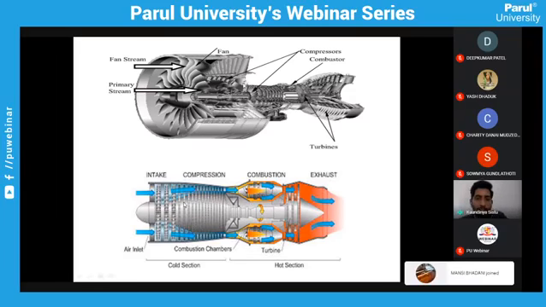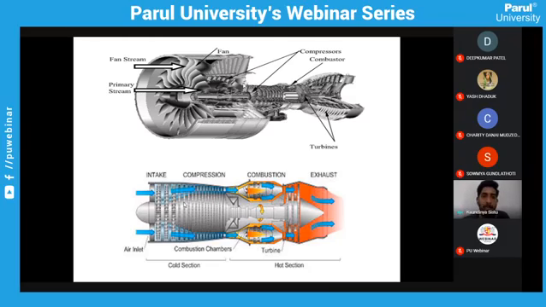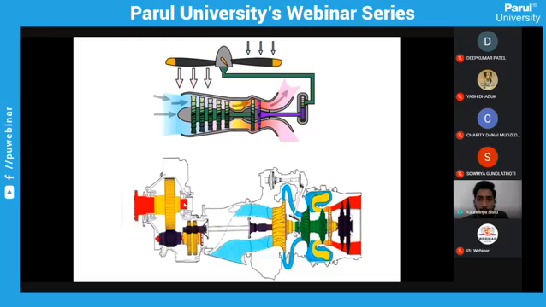So there is not much difference between turbofan and turbojet engines. Just one has a bypass and the other doesn't. That's it. If you open a turbofan engine, it almost looks like this, similar to a turbojet, excluding the fan part. Let's go to the turboprop engine and the turboshaft engine.